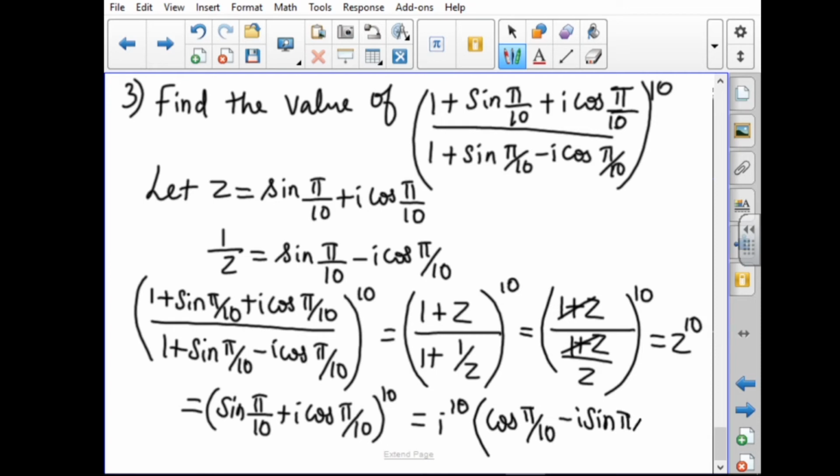This is the property we have seen in De Moivre's theorem. So when there is a power of any number, you have to take i power of that number outside, and then you can replace cos and sin using the sign of minus. Now, what is i power 10? Taking the multiple of 4, we will get i square.